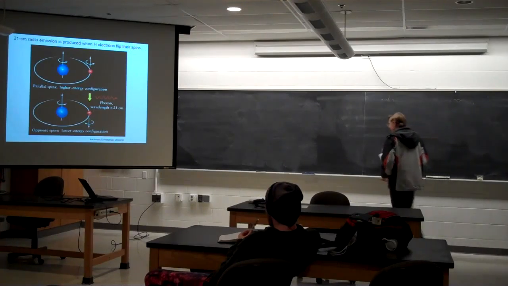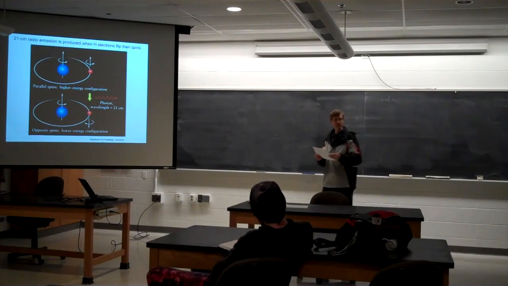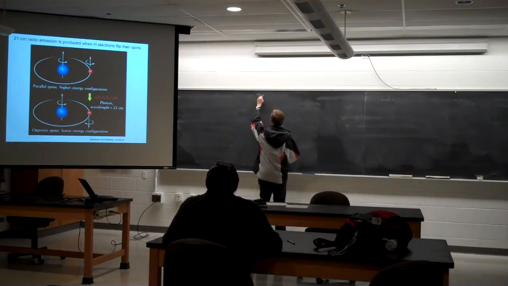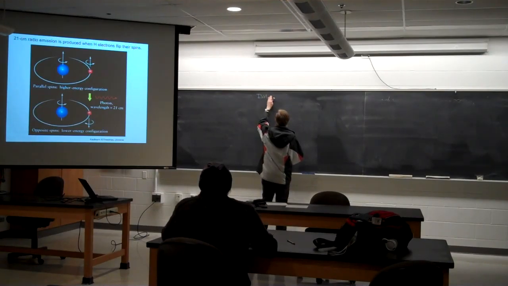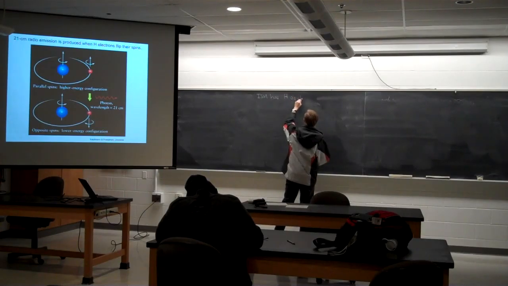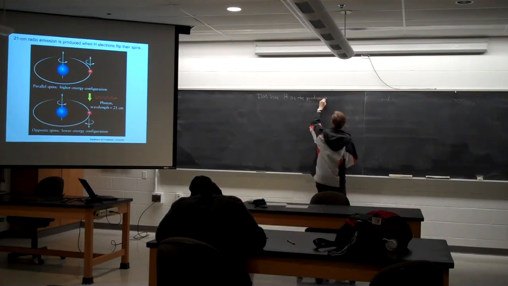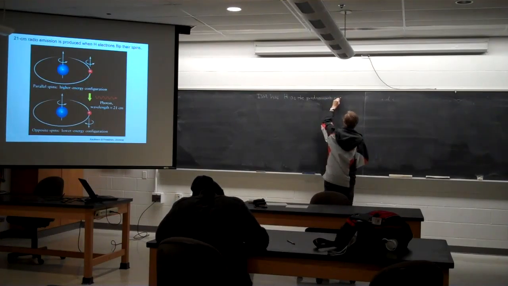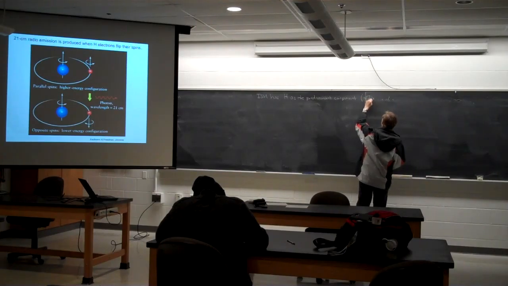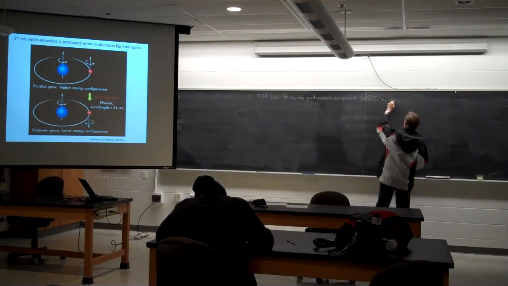About 70% by mass of the ISM is hydrogen. About 9 out of 10 atoms is going to be hydrogen. The ISM has H as its predominant component, about 70% by mass.